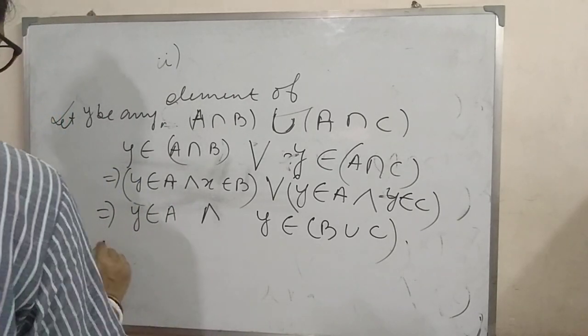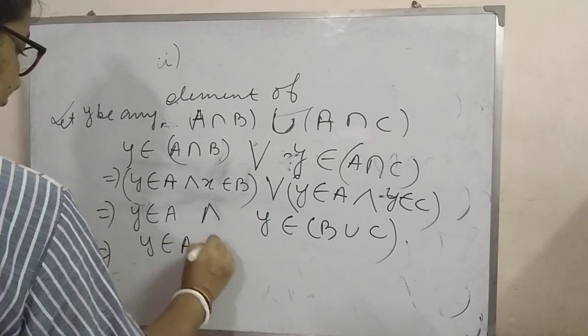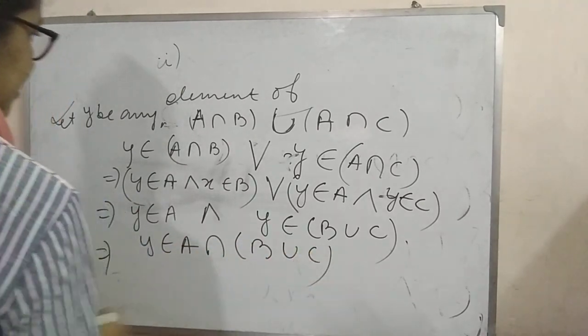Okay, that is Y belongs to A intersection (B union C).